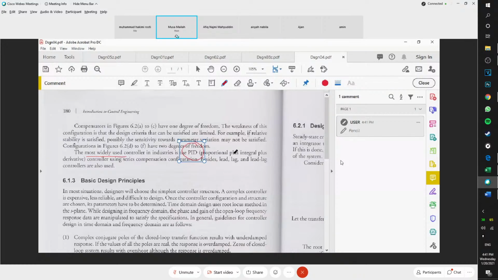But of course, there are disadvantages as well. The main disadvantage of the PID controller is that you have to tune and adjust your KP, KI, KD so that you obtain a good combination of them.